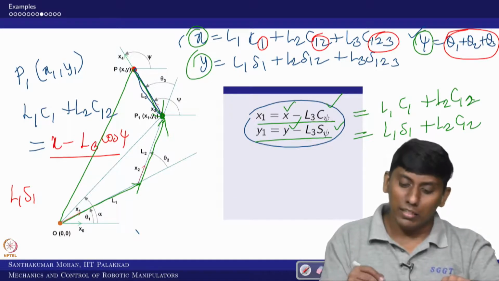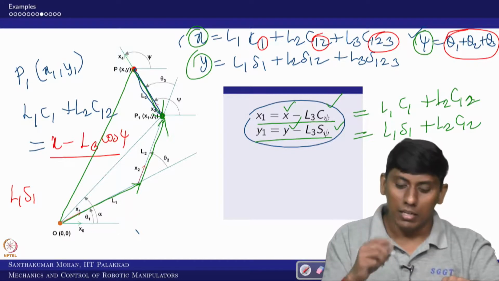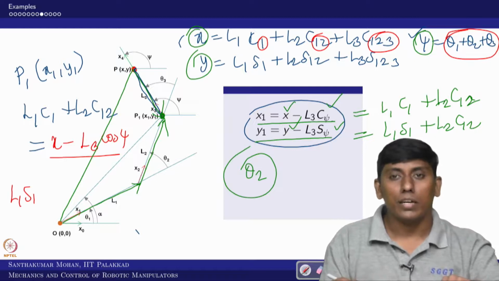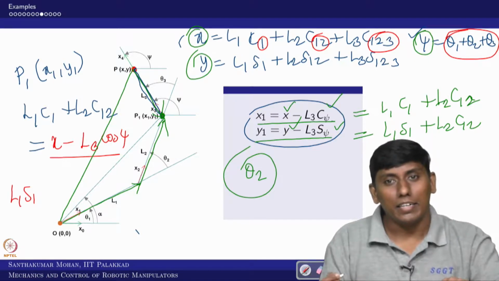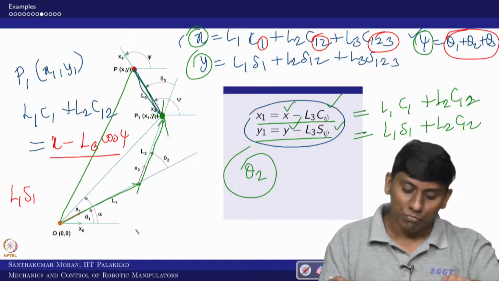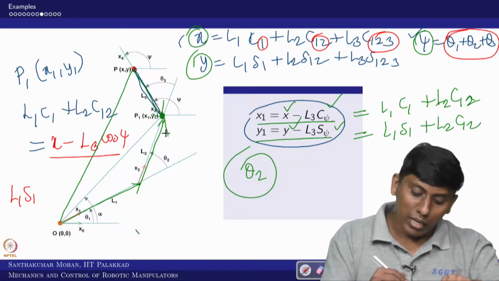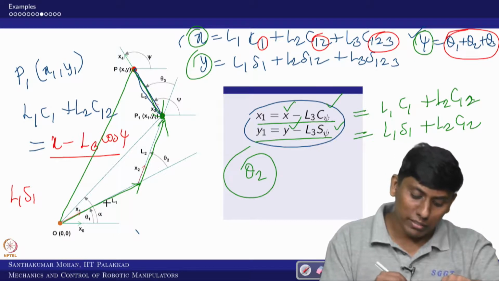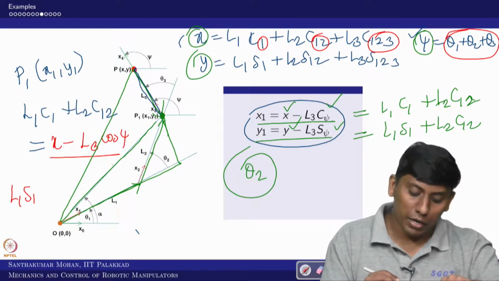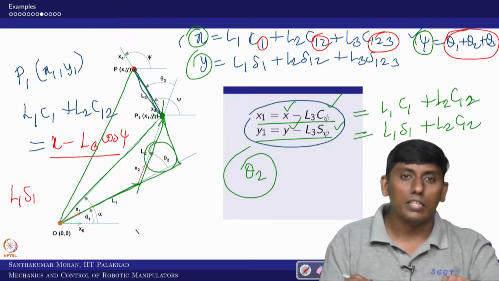These two equations will give one equation, and that equation will give only theta 2 as a function. That is what I am trying to show. Squaring and adding means I am taking this as this length, and after further simplification, I will get theta 2.